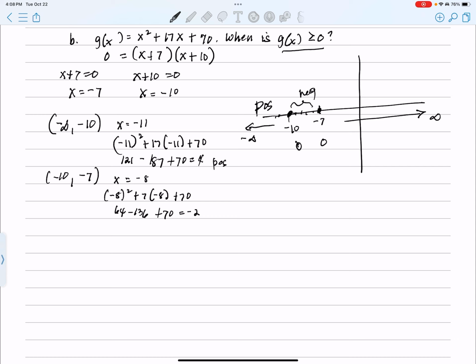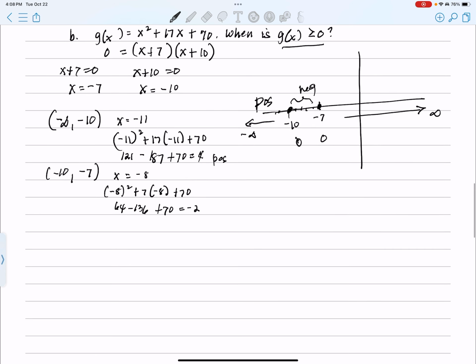And when it's negative 7, it's 0. So how about the interval of negative 7 to infinity? Let's use a number greater than negative 7, let's say 5.